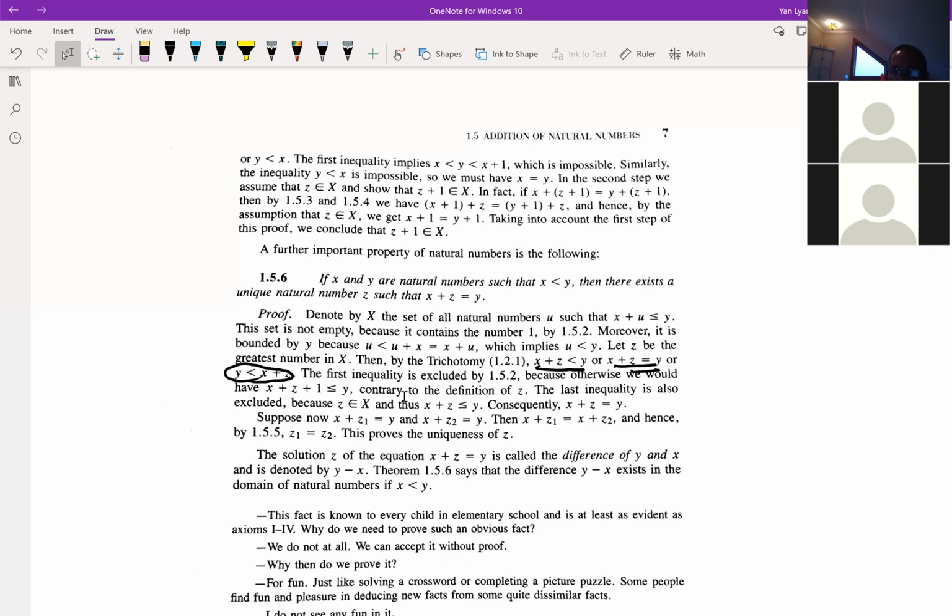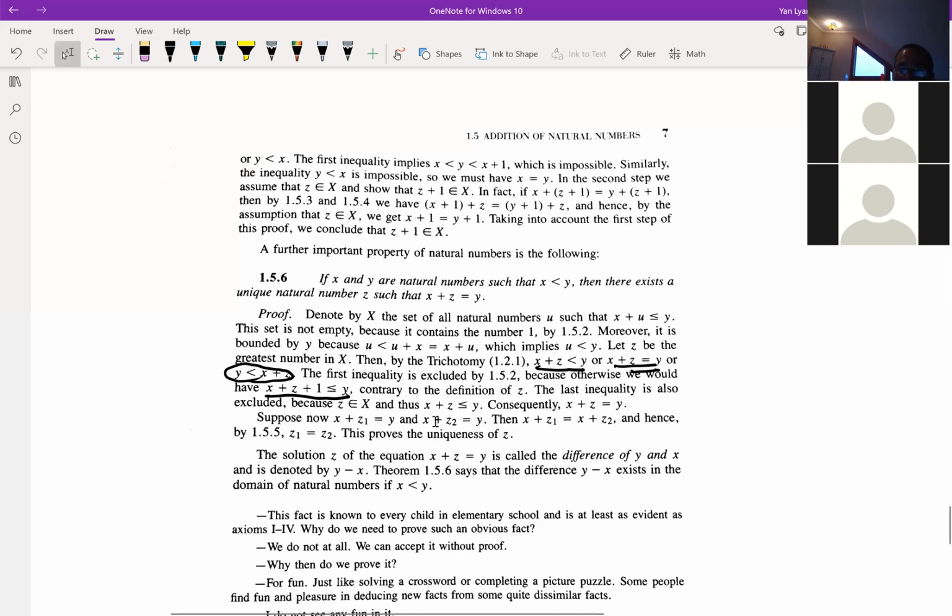Why is the first inequality excluded? Because otherwise, if it's less than, then we would have z plus 1 also in the set, which would be true by 1.5.2. That can't happen because if z is the greatest element, I can't have z plus 1 in the set as well.